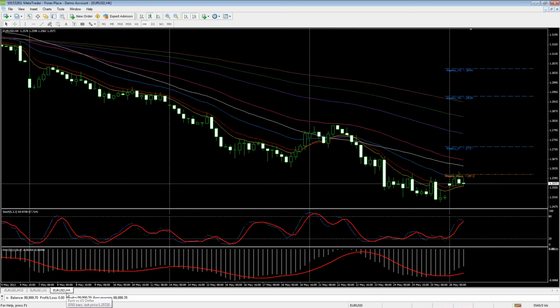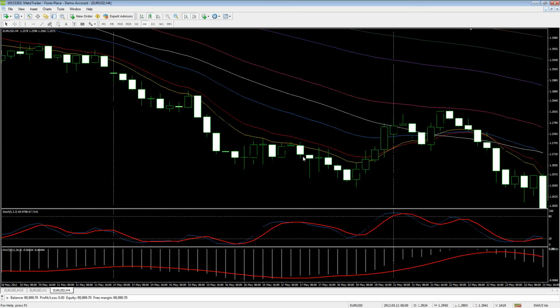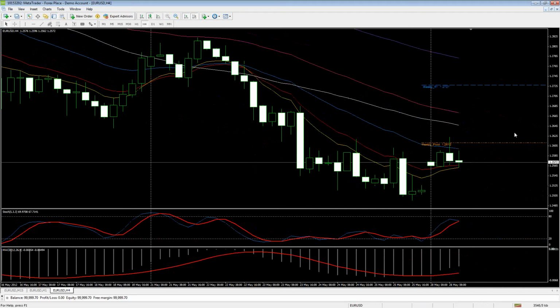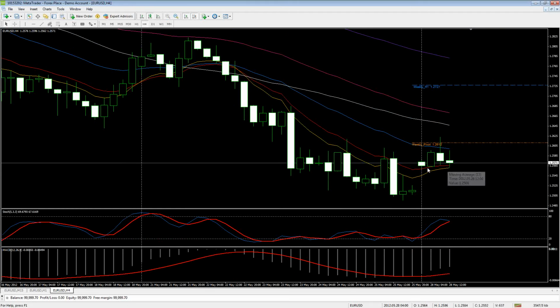In the 4 hour chart, well, here again we have the weekly pivot, and we have the 26 moving average. What I can see here is that these two moving averages may start serving as support instead of resistance.